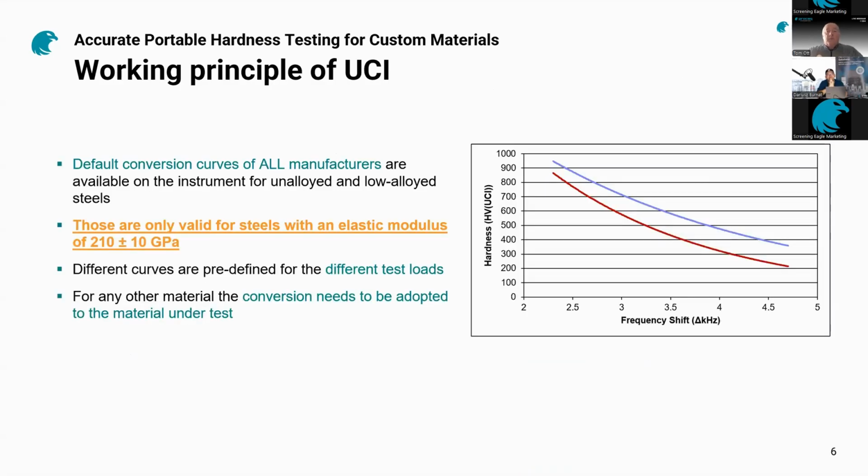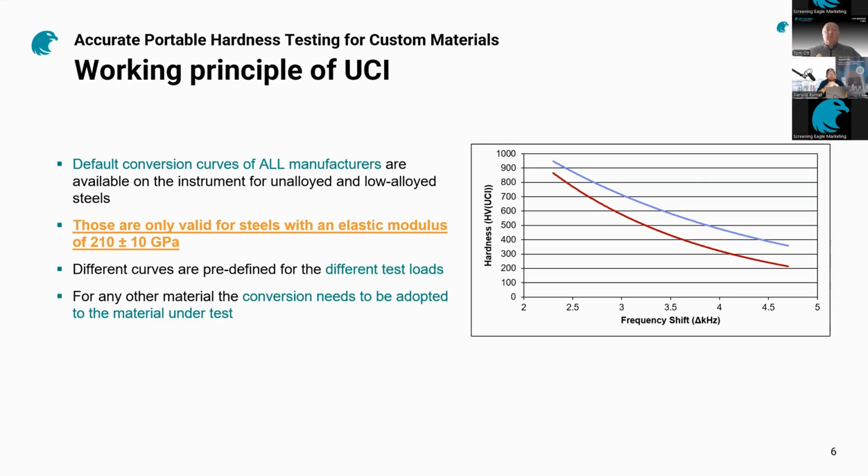So when we talk about UCI and contact impedance, that contact impedance and that frequency shift is strongly influenced by the elastic modulus of the specimen that we're testing. All manufacturers provide their instruments with a default conversion curve to go from frequency to hardness.